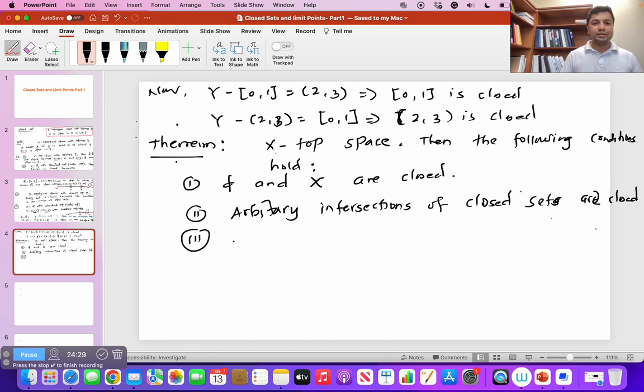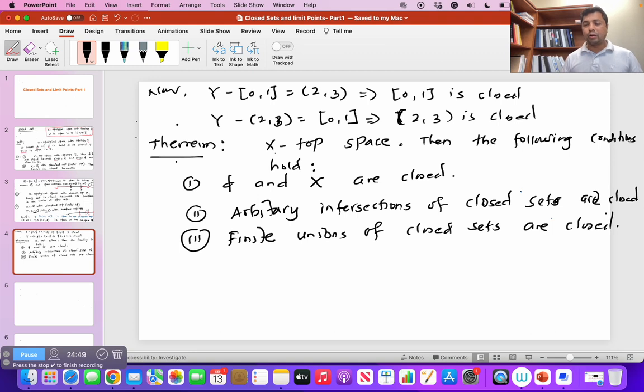And the third one is finite unions of closed sets are closed. We have seen in topology that finite intersections of open sets are open, but in terms of closed sets, it is finite unions, not the intersection, that are closed.